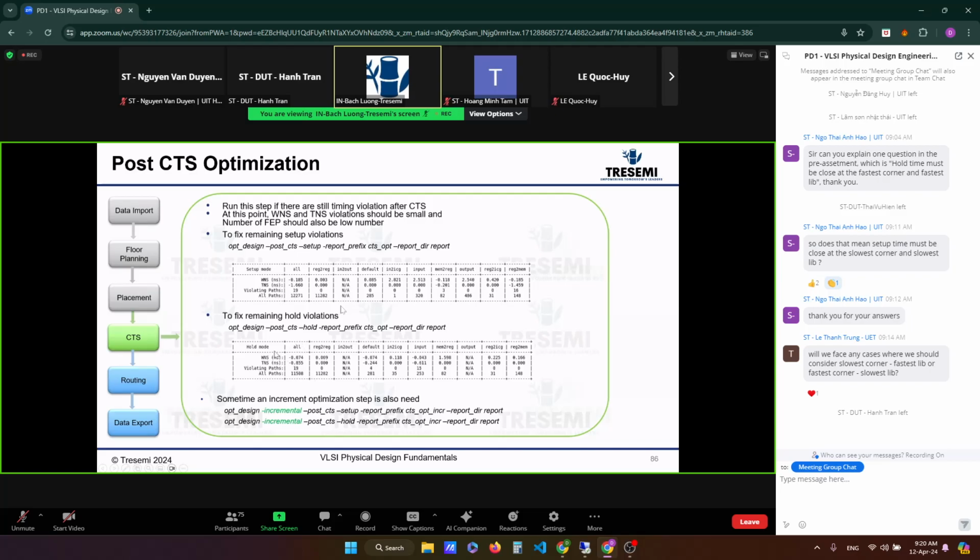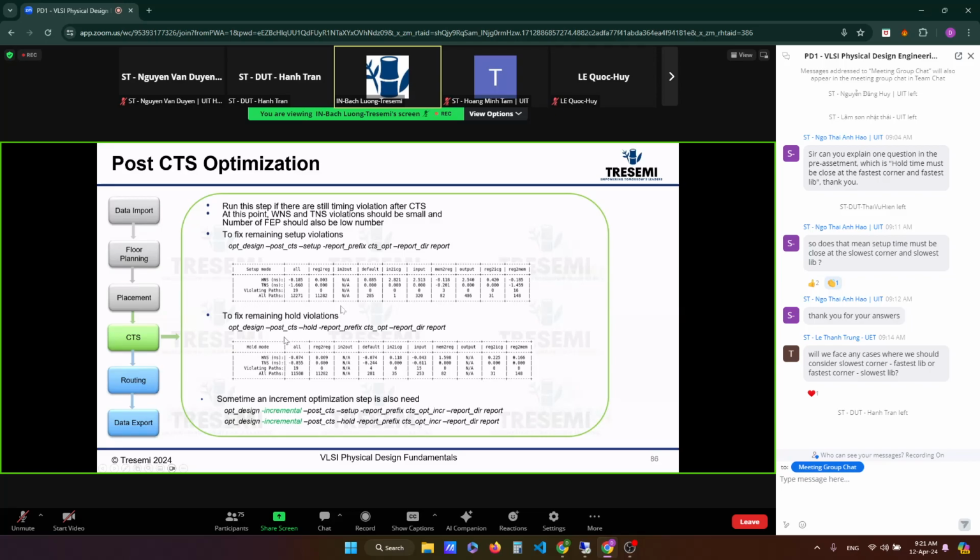As for hold, you can see we still have some violation here, 74 picosecond violation for hold, and it's coming from the input. The default is input. Total negative slack is 855. Likewise, in your lab, after CTS, if you have timing violations, you can run a post-CTS opt step to clean it up, and it usually cleans it up.